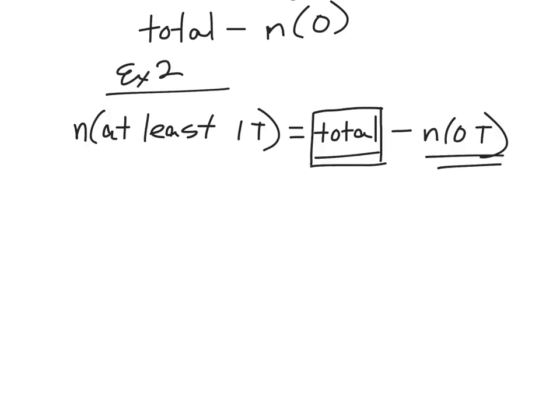Is repetition allowed? Yes, it is. So what am I doing? Blanks. How many blanks? How many parts are there to this problem? 4. I'm tossing 4 coins. So there's 4 parts.